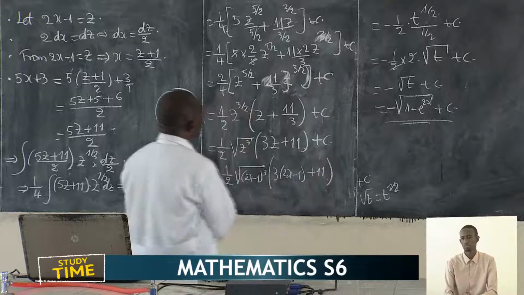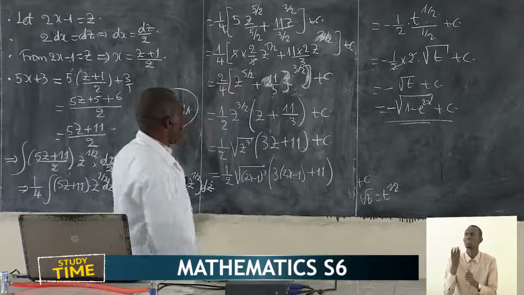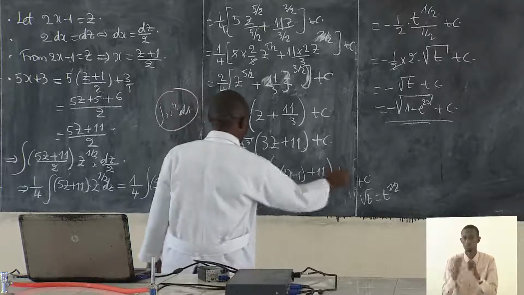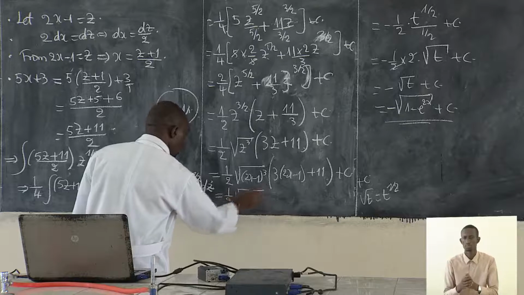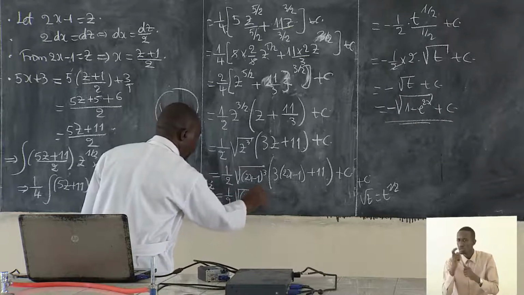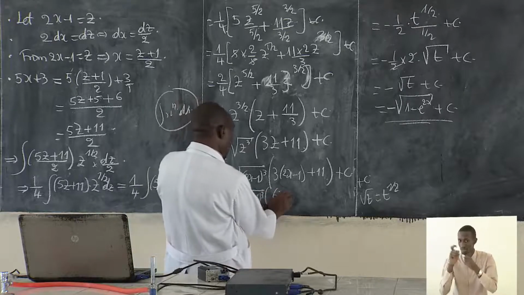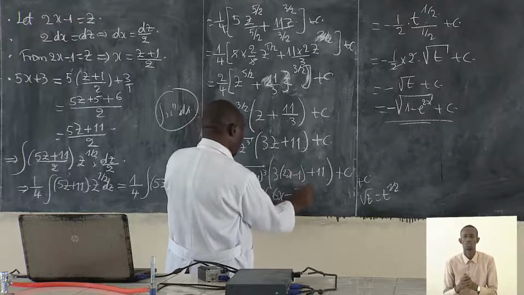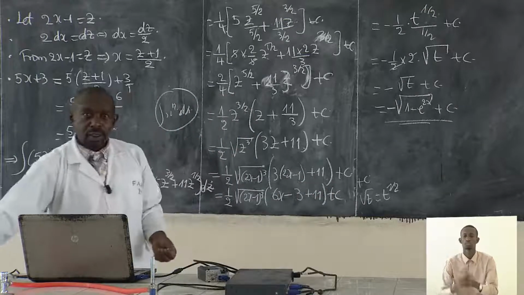Is this 11? You have it to follow. Here you have, okay, I hope it is that. Then plus c. This is a half integral of 2x minus 1 cubed, 6x minus 3 plus 11 plus c.